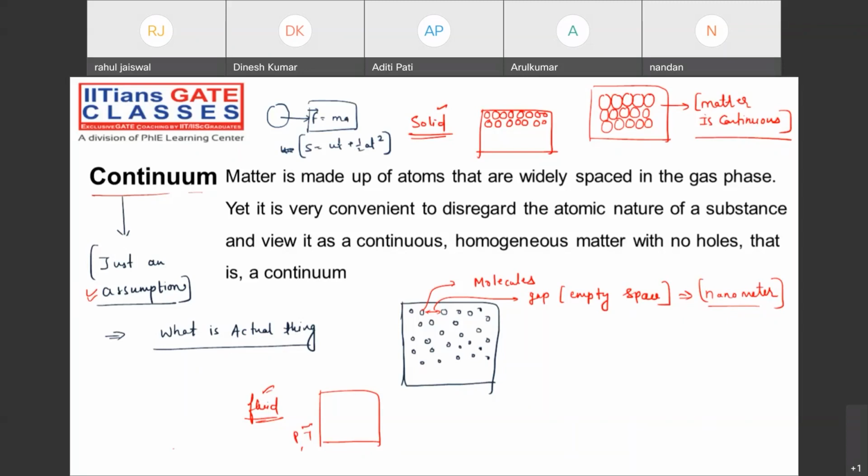Whatever the equations of Newton you are applying to single particles, right? When you treat the matter to be continuous, that means you can consider all the fluid particles as a single entity.